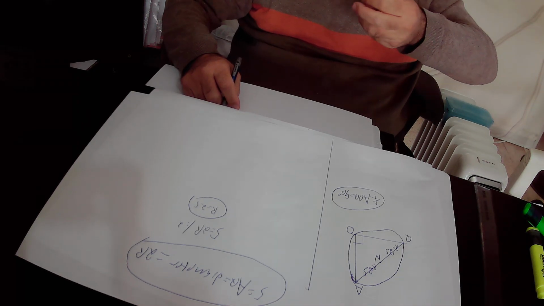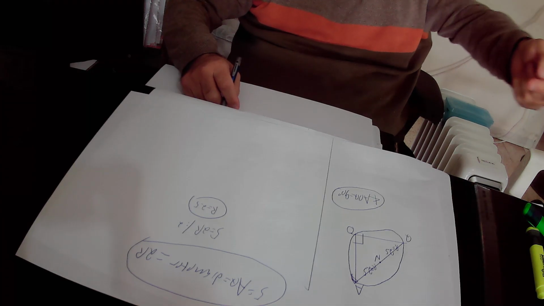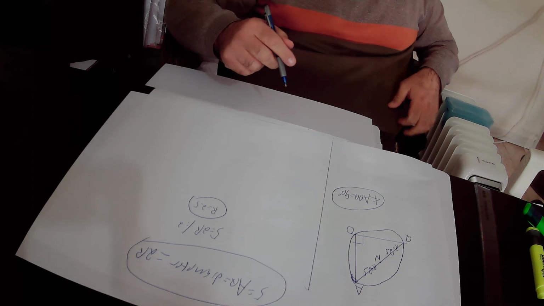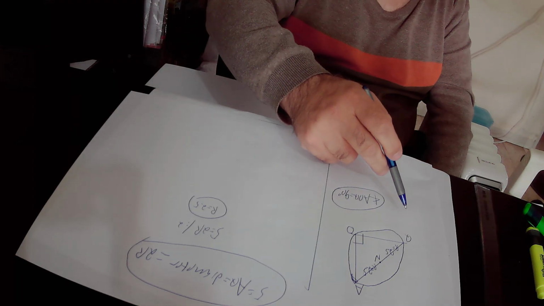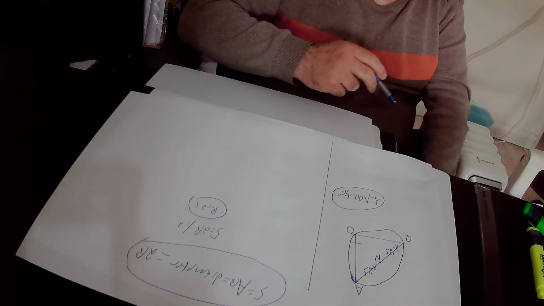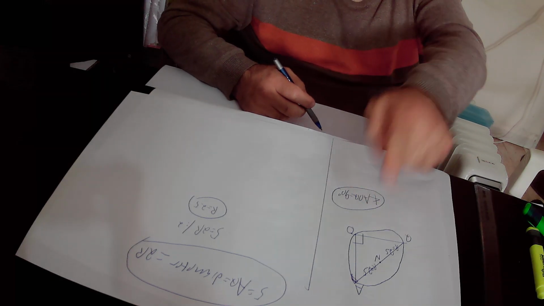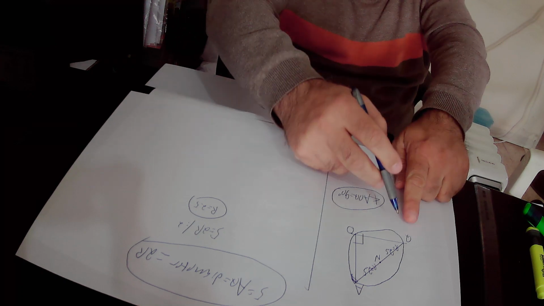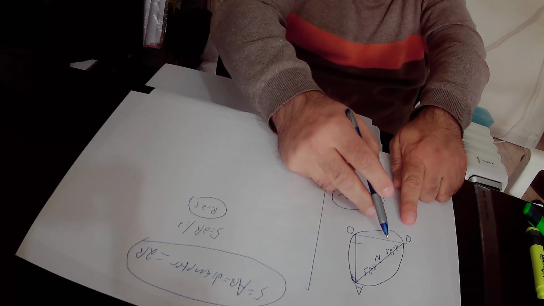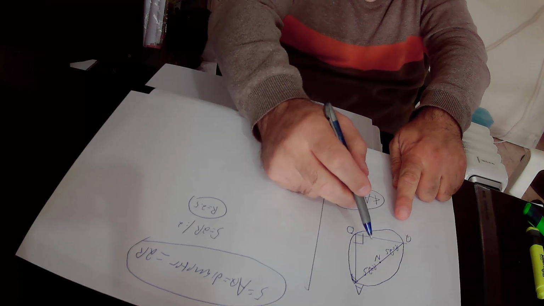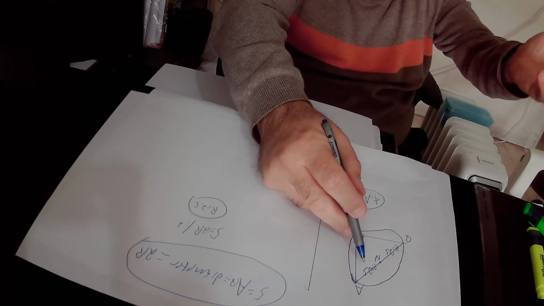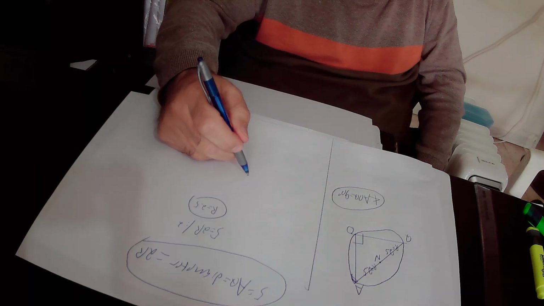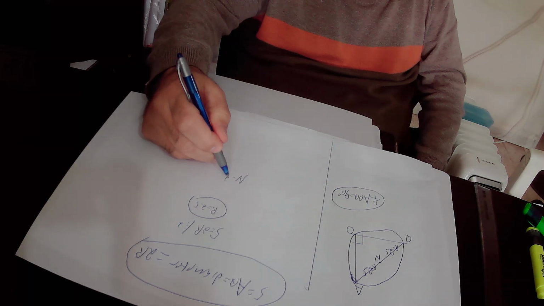That is to say, it is located at the point where the diameter is bisected into two halves. So we have here the diameter QA, and at point N, the diameter is bisected into two halves. The first half is QN, equal to 2.5 units. The second half is NA, also equal to 2.5 units. Therefore, point N must be the center of the circle.